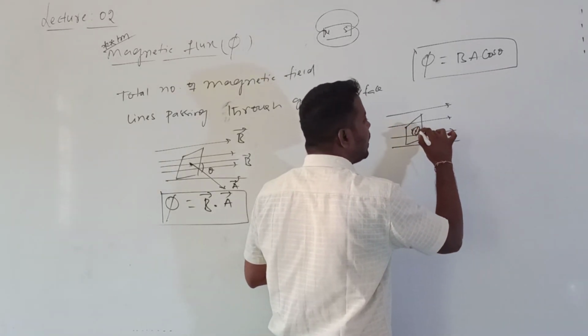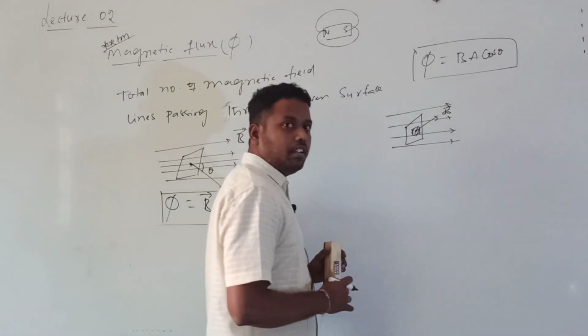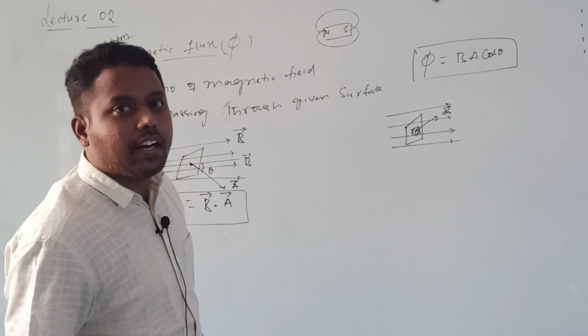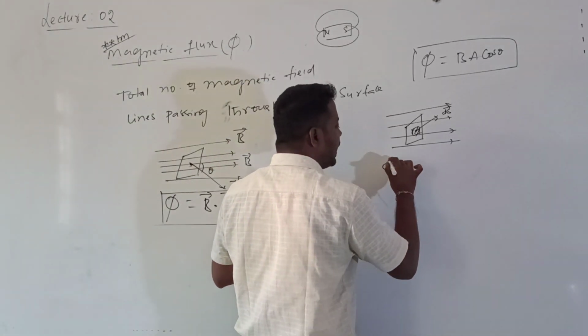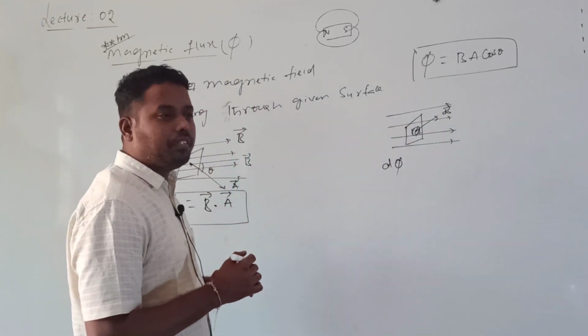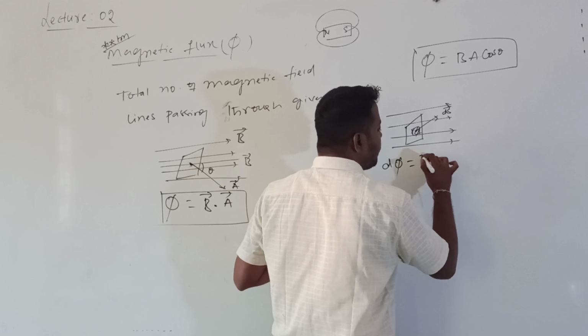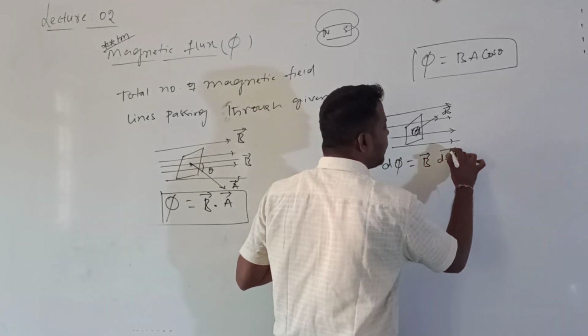The normal drawn to the small area gives the direction of ds bar. When you know the small area, the small flux is d phi. This magnetic flux is the dot product of which one? B bar dot ds bar.